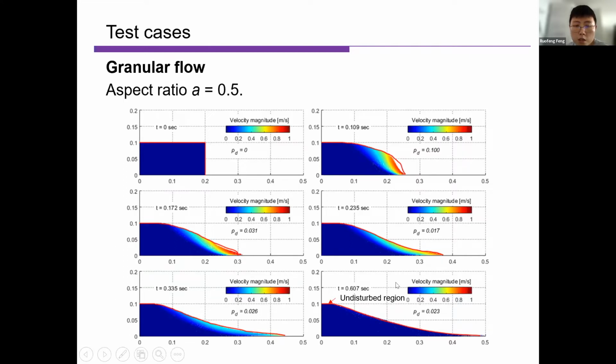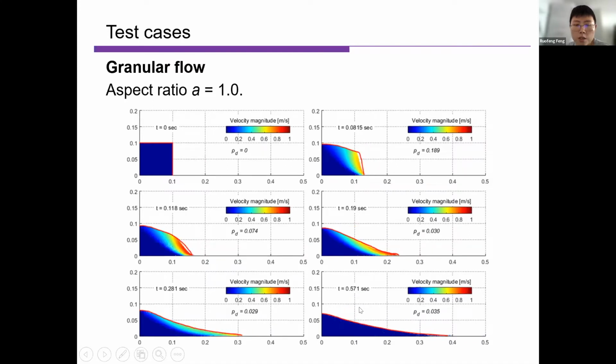If we take a look at the final instant, there is an undisturbed region at the top left. While if we increase the aspect ratio, we can see we don't have this undisturbed region. It's a kind of whole failure. So we capture the failure mechanism of granular collapse under different aspect ratios.